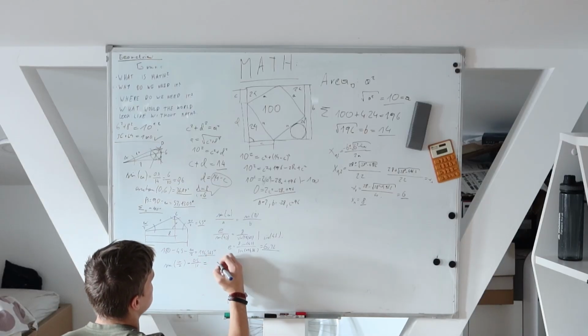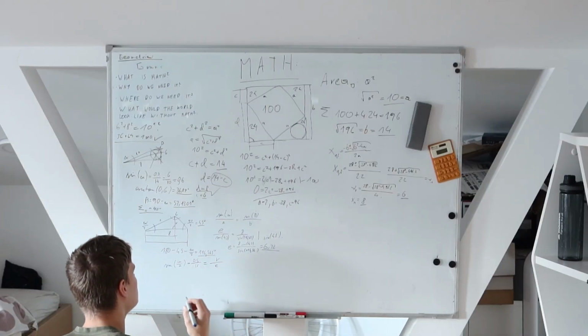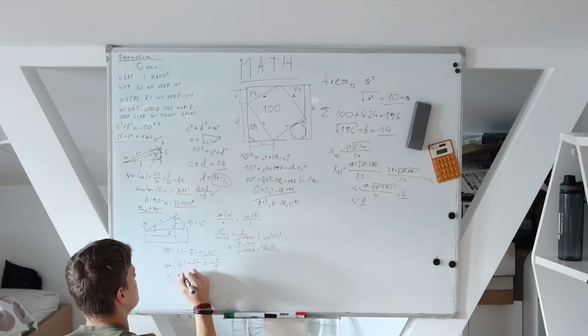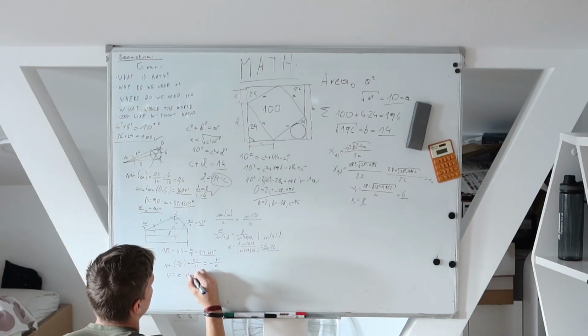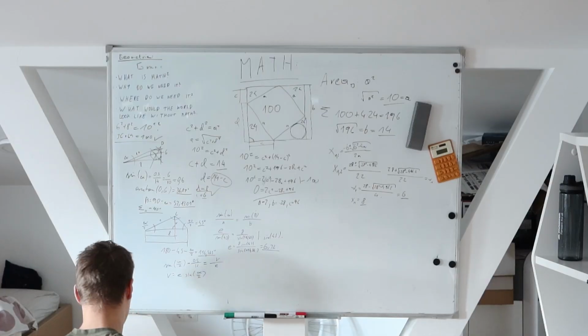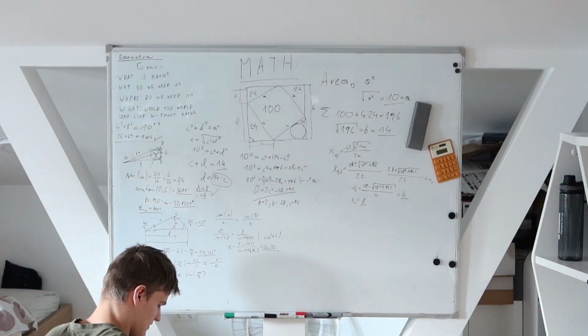So we have opposite side is R divided by E, so we have R is equal to E times sine of alpha divided by 2. Great.